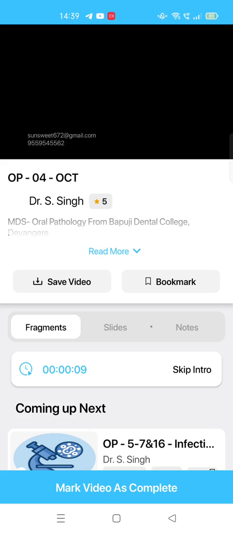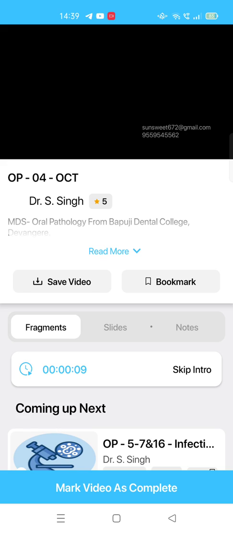Since this is an orthokeratinized variant, it will show a prominent granular cell layer, as shown in the picture. This is the feature of orthokeratinization. Obviously the cells will show no nucleus, hence it is called orthokeratin, whereas the parakeratinized variant will show a pycnotic nucleus.